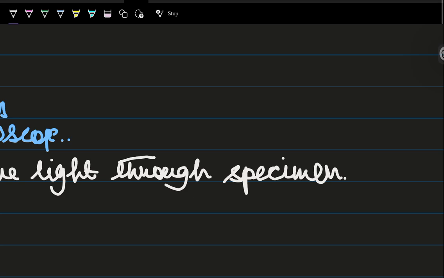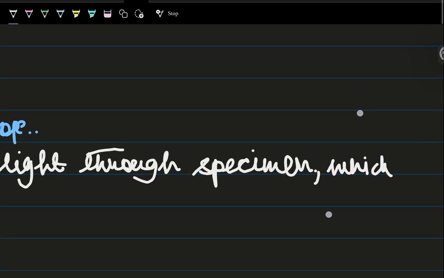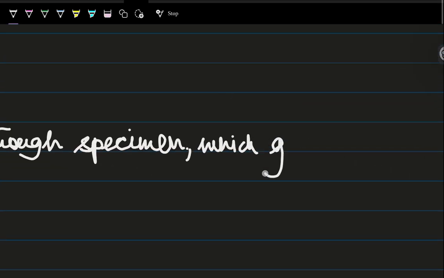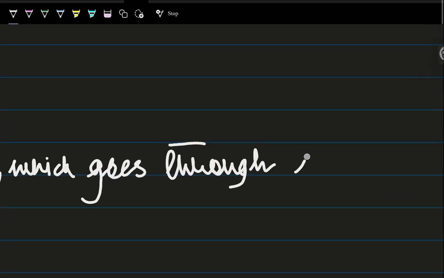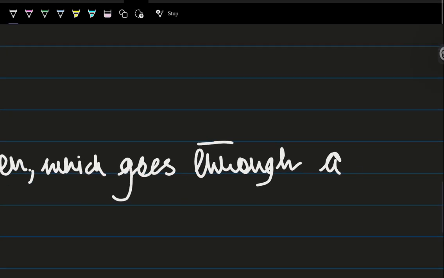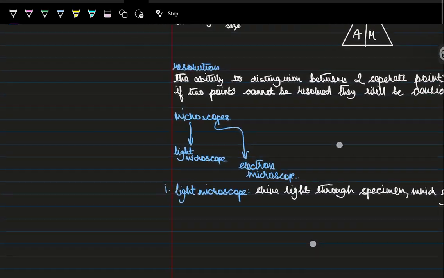Yes. So you shine light through a specimen which goes through a lens and produces a magnified image. So it's simple light mechanics.